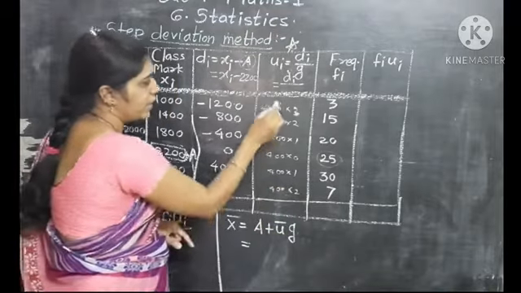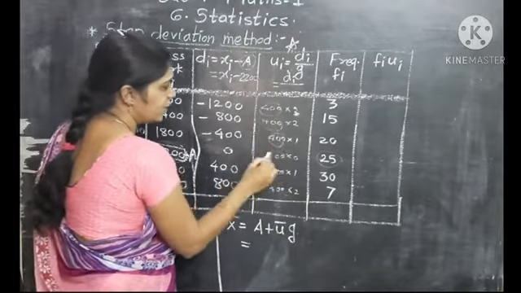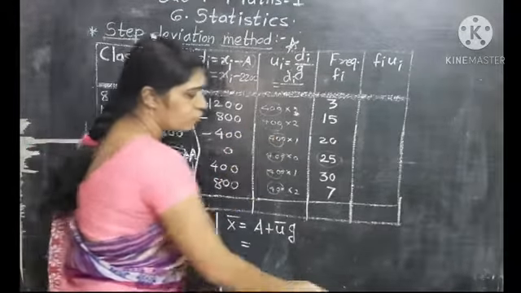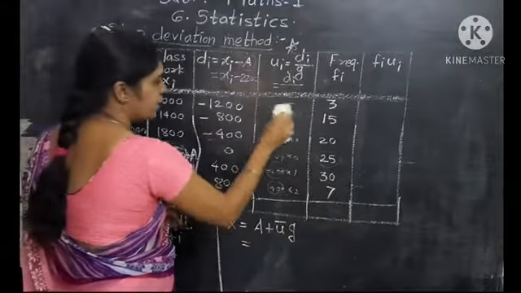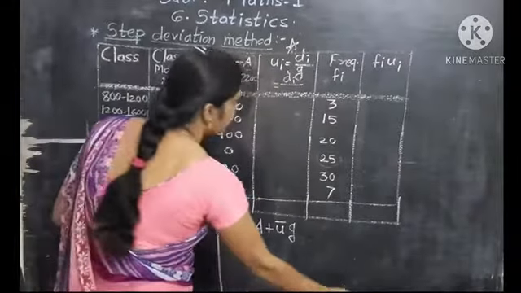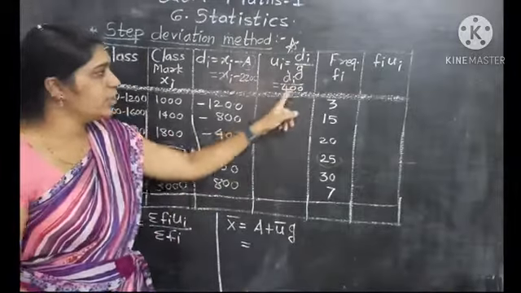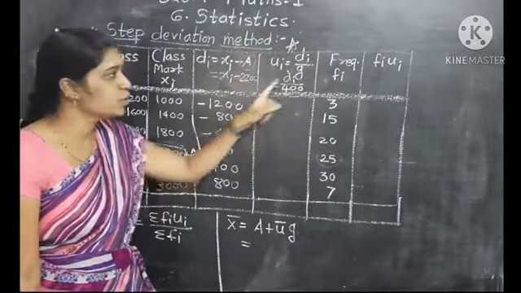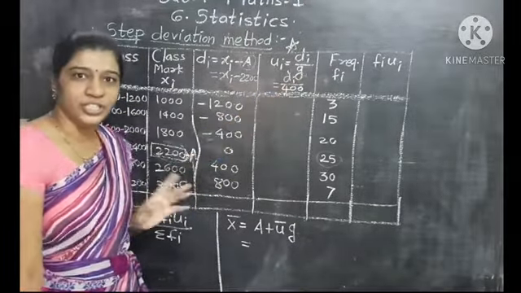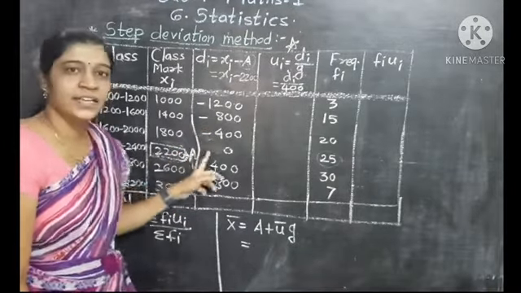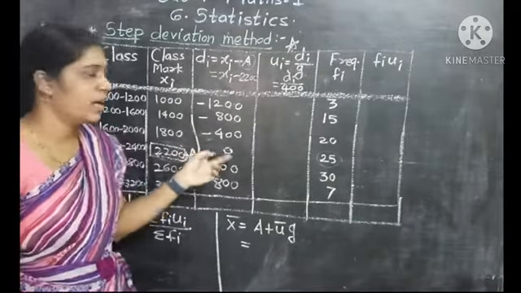So the greatest common divisor in all these cases is 400. Therefore the GCD is 400. What is the value of g here? 400. Okay, understand this. GCD means greatest common divisor of di, and we have to take the greatest common divisor of di.